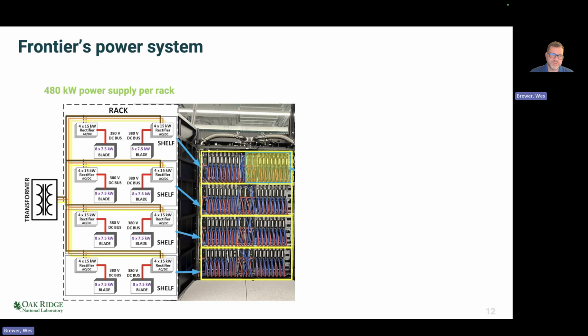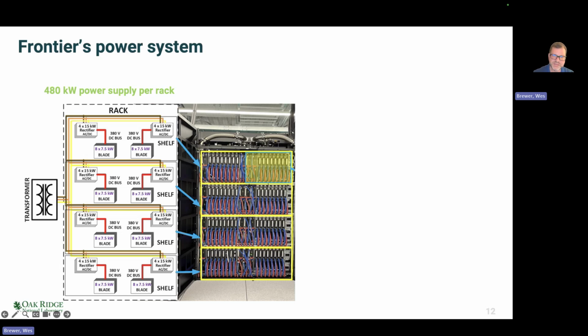To be able to model Frontier's power system, we have to understand its specifications. Each rack is supplied with 480 kilowatts of power. This is divided over 32 rectifiers. You can see here on a cabinet, each cabinet has 4 shelves.